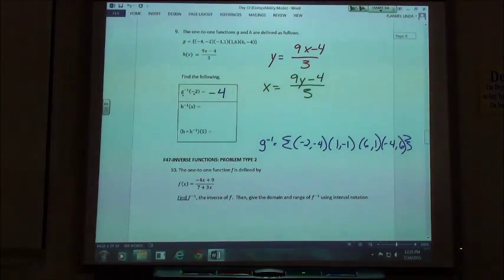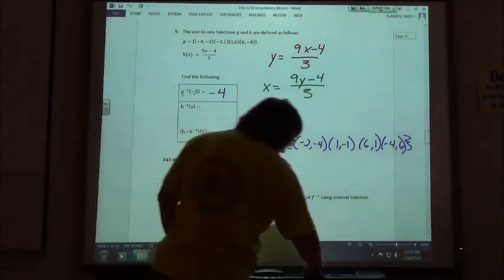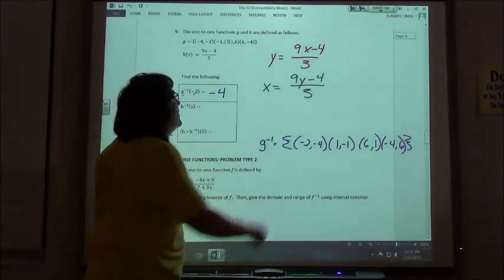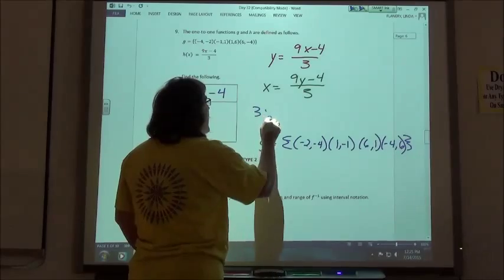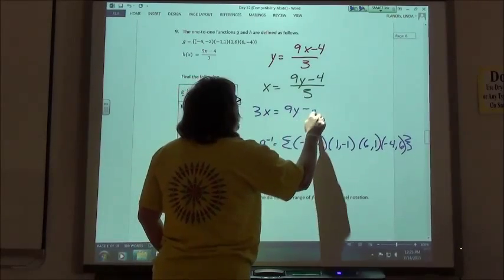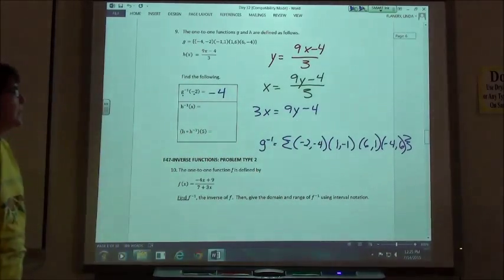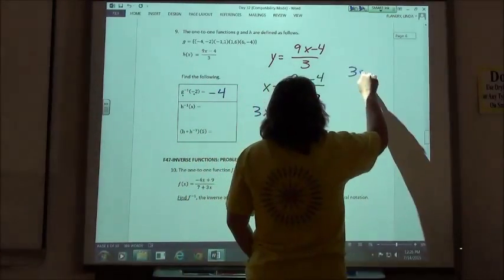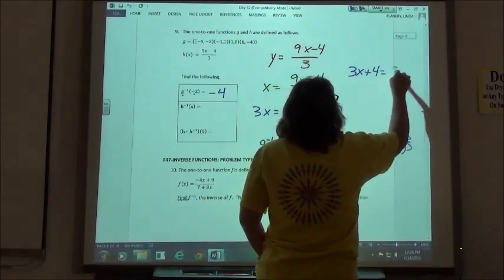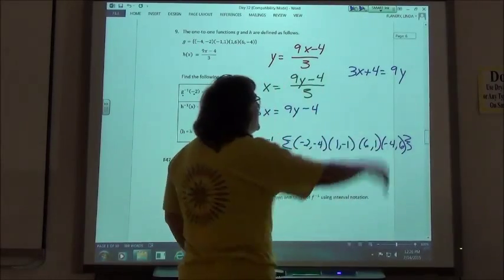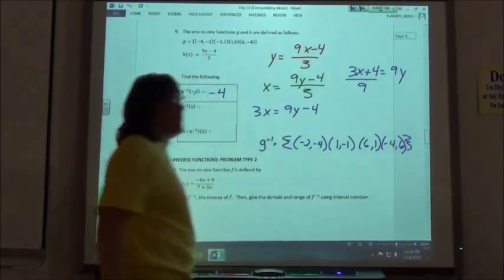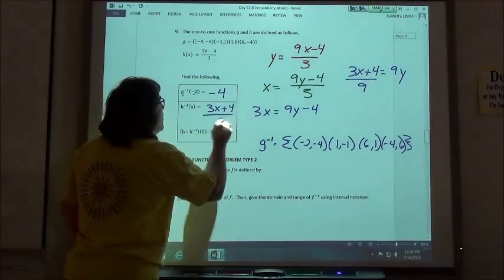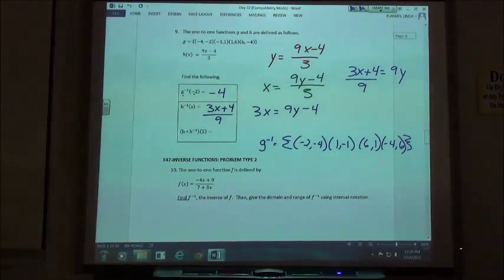Now, if I'm going to solve that for y, first thing I would do is multiply by 3, so 3x equals 9y minus 4. And then I would add 4, so 3x plus 4 equals 9y. And lastly, divide by our 9, right? So (3x plus 4) over 9 is my inverse function.